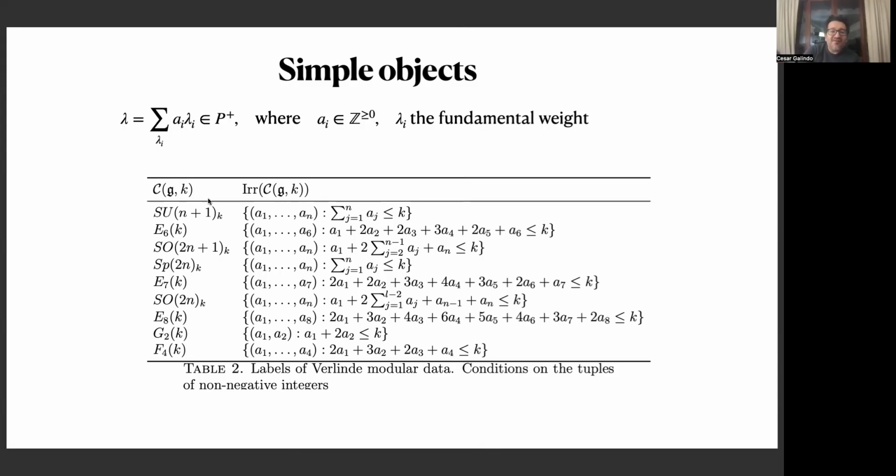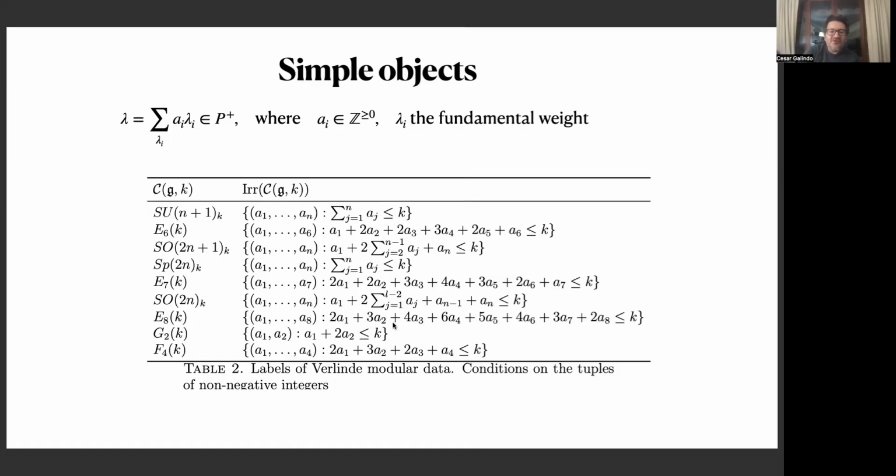The idea is that you can index the simple objects of these categories just as n-tuples of non-negative integers that satisfy some very simple condition. For example, in the case of SU(N), this is the condition: the sum of all components should be less than or equal to K.